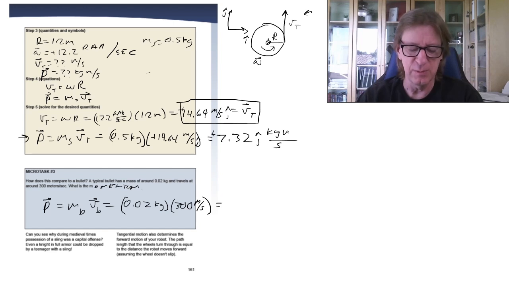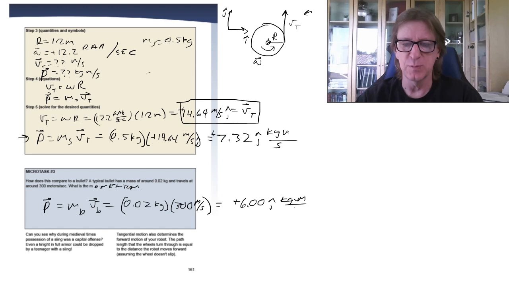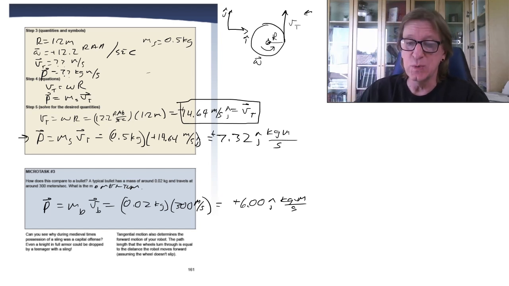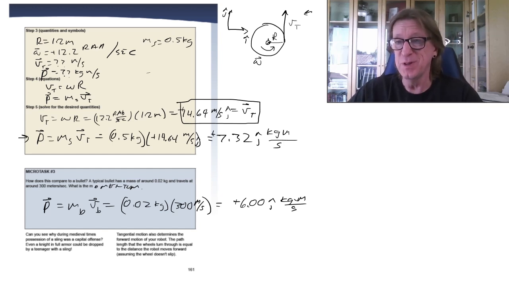So 300 times 0.02 is going to simply give me 6.00 kilogram meters per second, if I'm shooting in the same direction. So you see that sling stone actually has a greater momentum than a modern bullet.